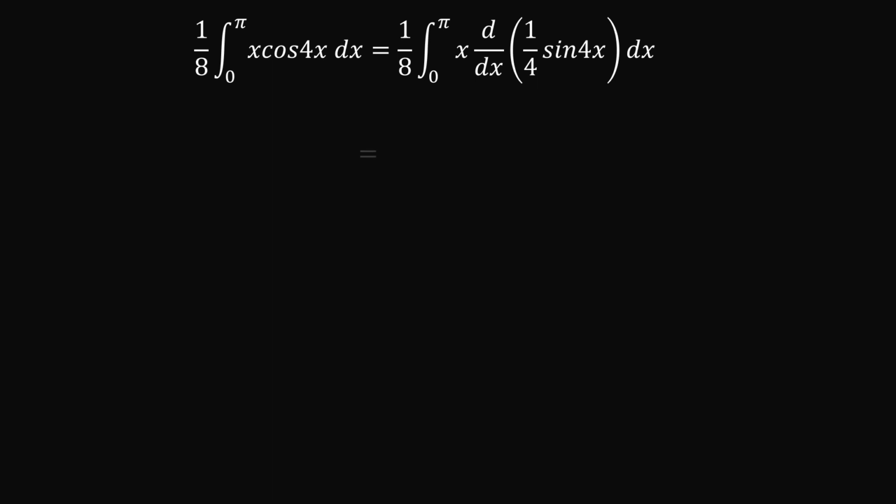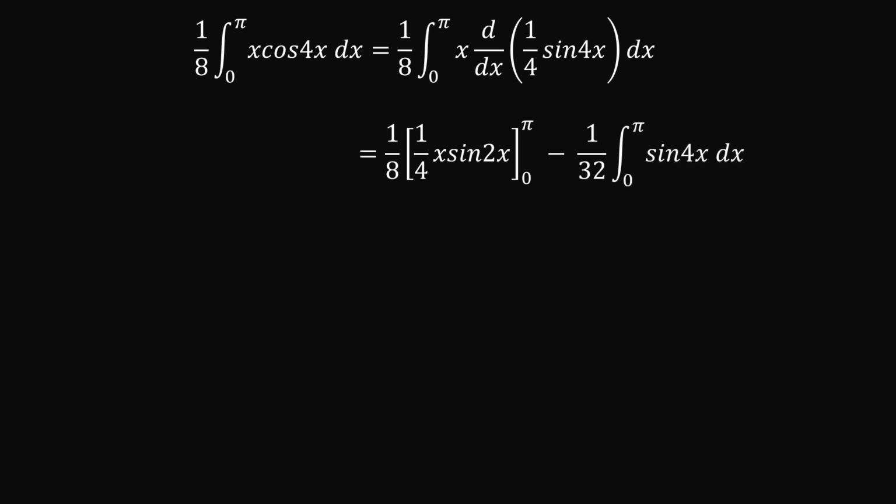And so using again integration by parts, we have now 1 over 8 times the product of the non-differentiated terms, which is a quarter times x times sine 4x, minus, now on this second side here, we can pull this constant 1 over 8 times a quarter out, of sine 4x dx.